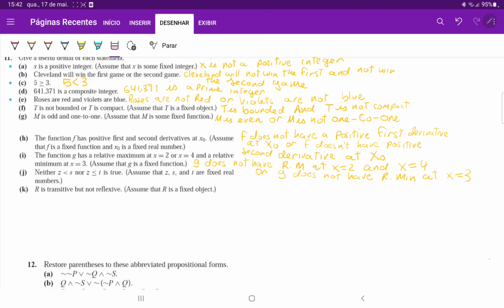For item J, we have: neither z is less than s nor z is greater than or equal to t is true. So let's put our propositional form. P is z is less than s.